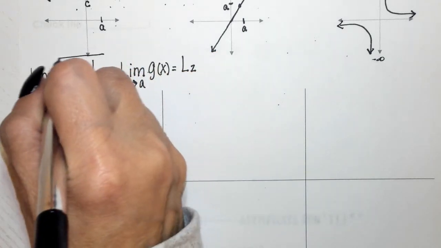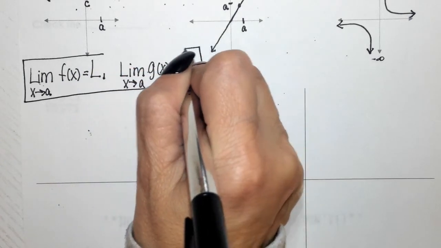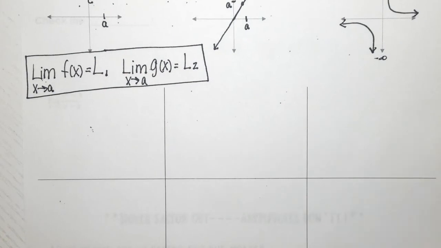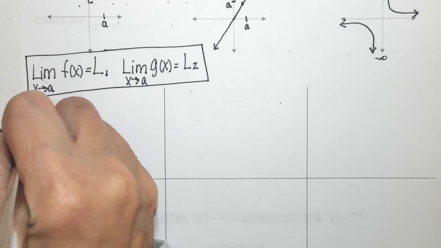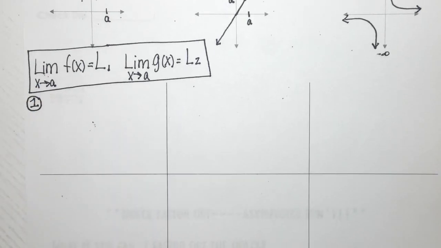Now L1 and L2 are just representing the answer. They're not really representing anything of value just yet. And so what I want to do is show you these properties. Think about these as properties of equations, only they're with limits.